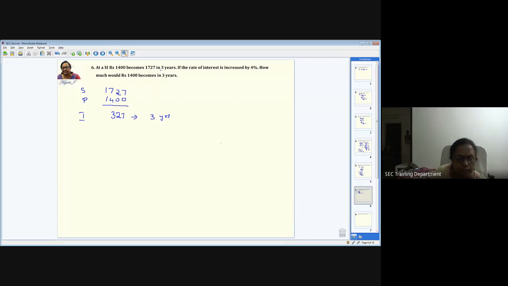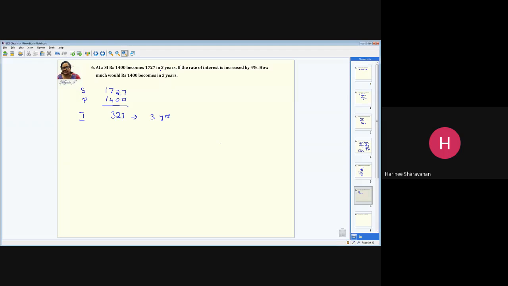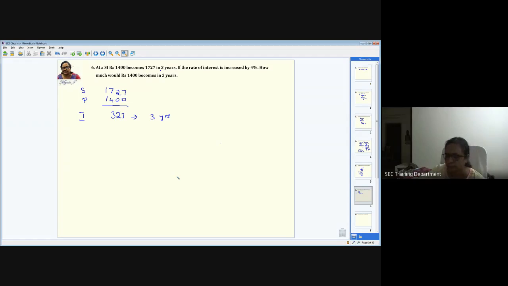As you know the simple interest is going to be the same for all the years, calculate for 1 year. So it is just divided by 3. 109. Good. You just have to divide this 327 by 3. This is 109. So this becomes the interest for 1 year.